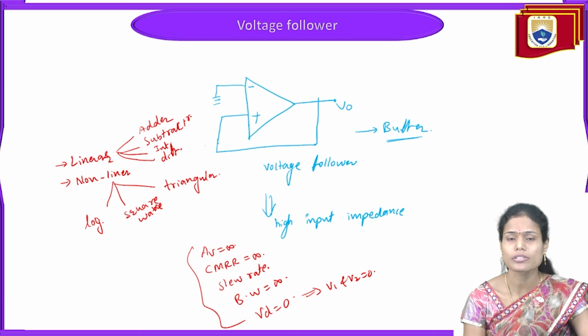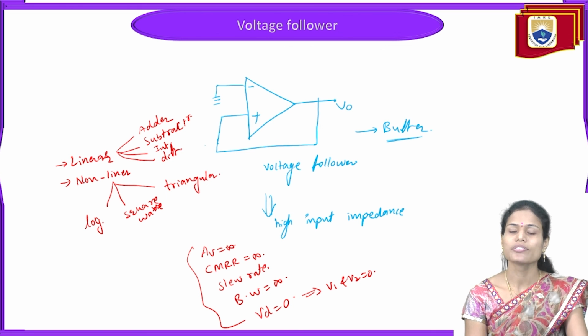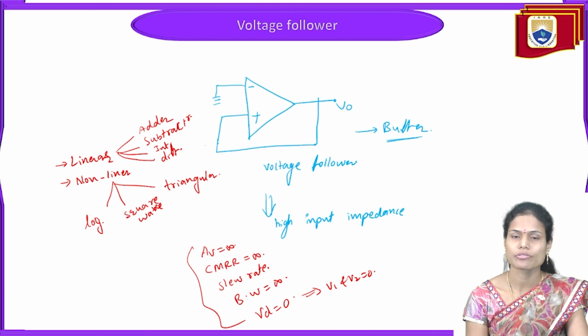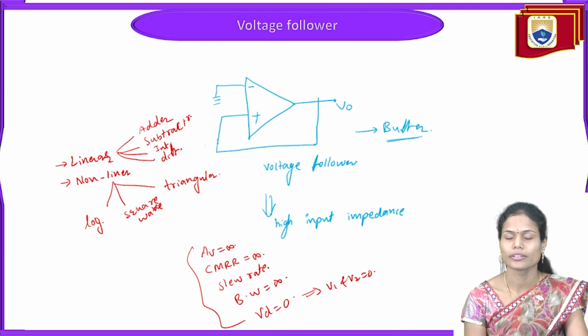Because of this reason, in order to design different practical applications, we are utilizing the operational amplifier. I have already mentioned the problems faced in single stage amplifiers, multi-stage amplifiers, different feedback amplifiers, and differential amplifiers, which can be nullified in the case of the operational amplifier.